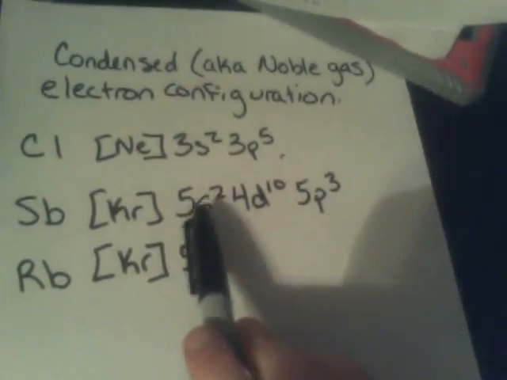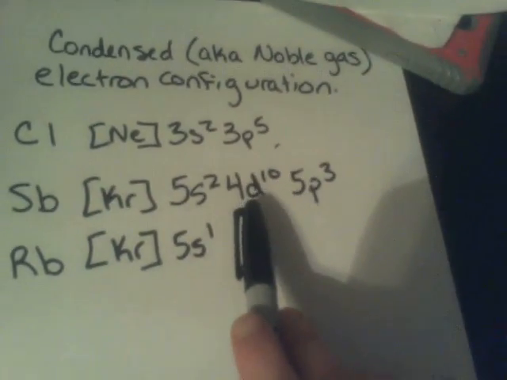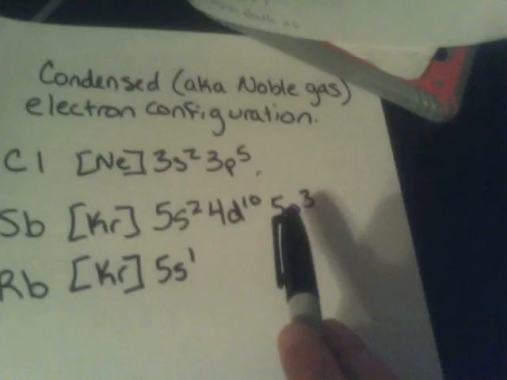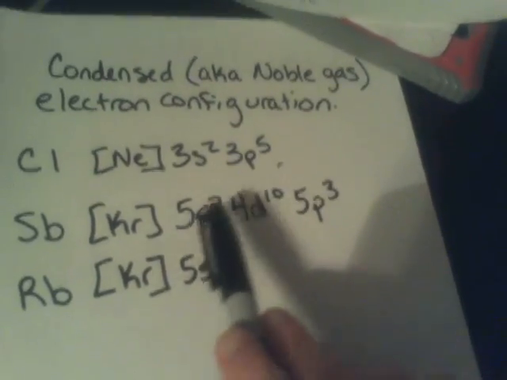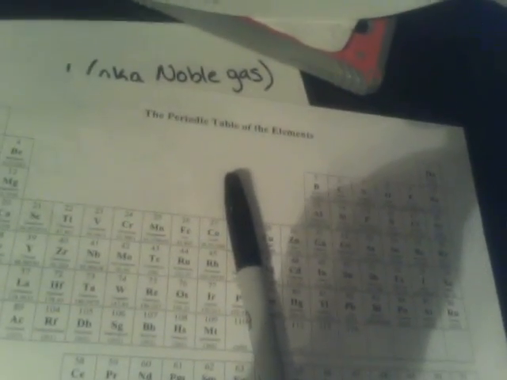And make sure that you go in the correct order. 5s2 was filled, then 4d was filled, then 5p was filled. So make sure that you put them in the correct order as they appear left to right on the periodic table. Okay, I hope this helped everybody out.